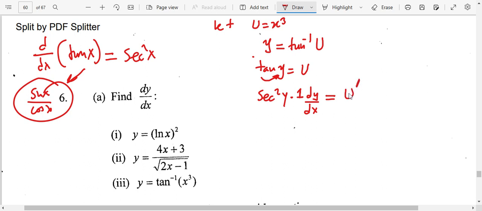I'll just put a prime because we are differentiating with respect to x. Now for me to remain with dy over dx, I'm going to divide both sides by sec squared y. So that is going to be dy over dx is equal to u prime divided by sec squared y.